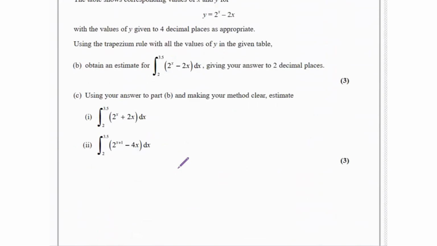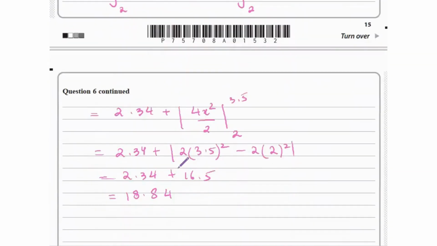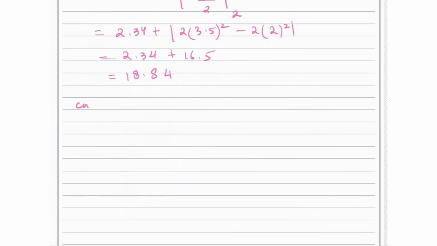Then the integral of 2 to the power of x plus 1 minus 4x. So you can split this into 2 to the power of x times 2, minus 4x dx.